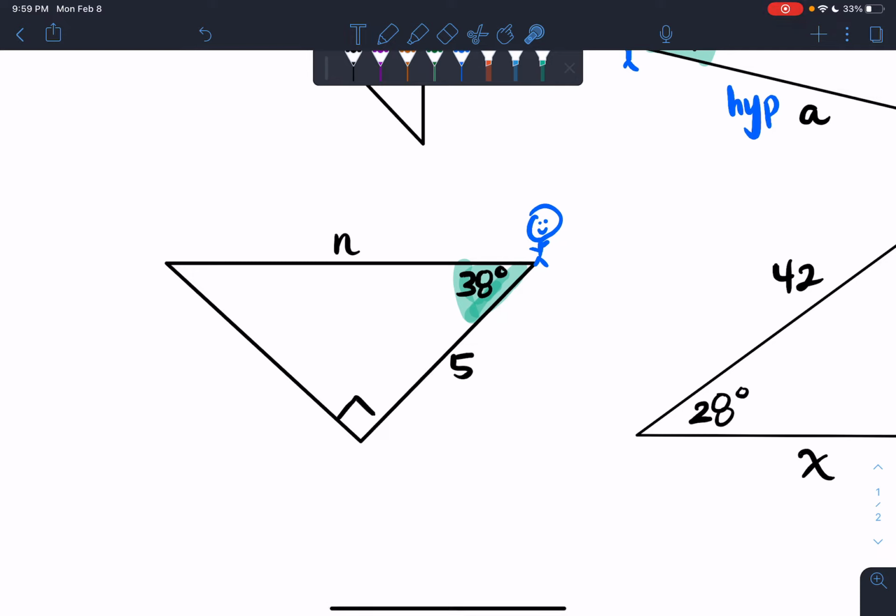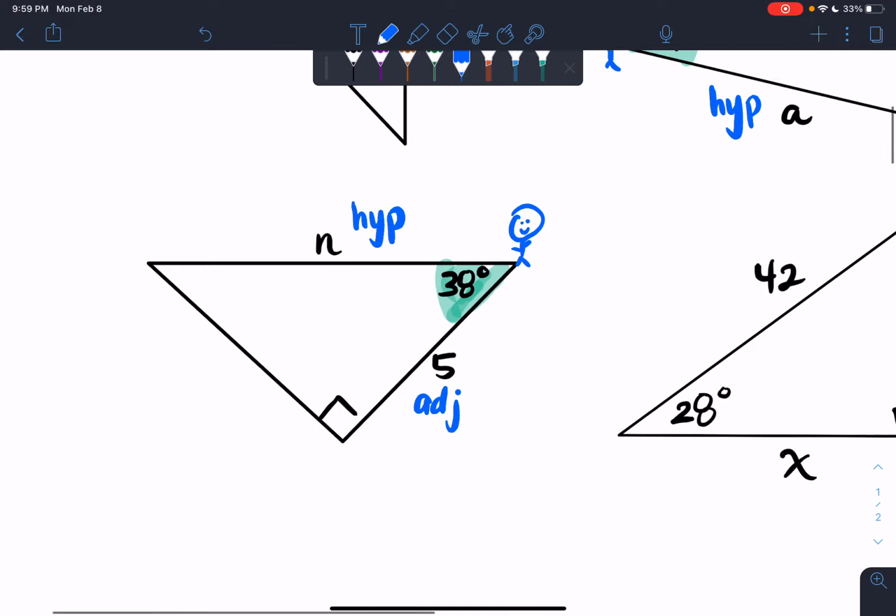Again, N and 5 are right next to where we're standing. So it's going to be the adjacent and hypotenuse. Now, which one is which? Looking at N, it's across from our right angle. So that tells me that's our hypotenuse. So now our 5 is going to be adjacent to us. It is right next to us.